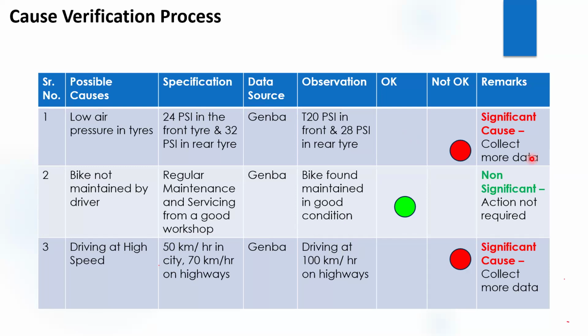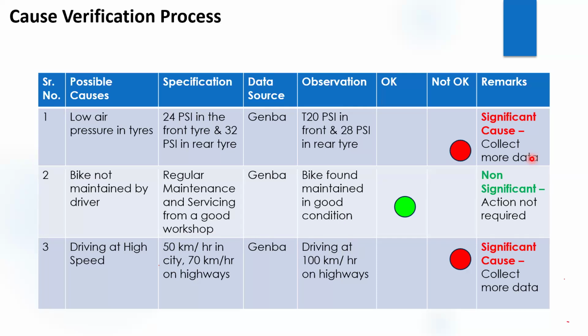And suppose out of 28 or 20 causes, I came to know that there are 5 to 6 significant causes. Then I need to do a Why-Why analysis on the significant causes. I will identify the root cause and then I will take action on it. So this sequence is clear. First, we learn how to draw a fishbone in 5 steps.